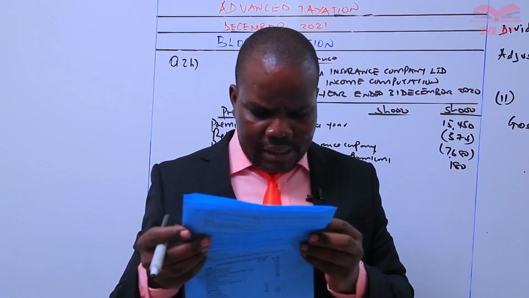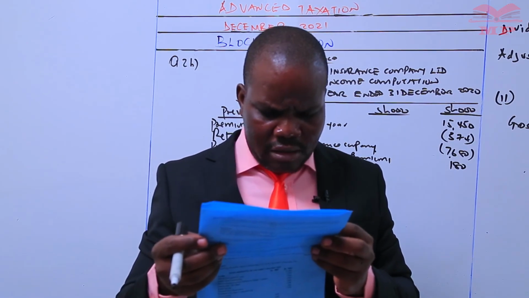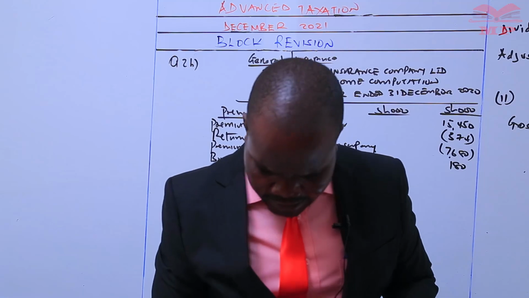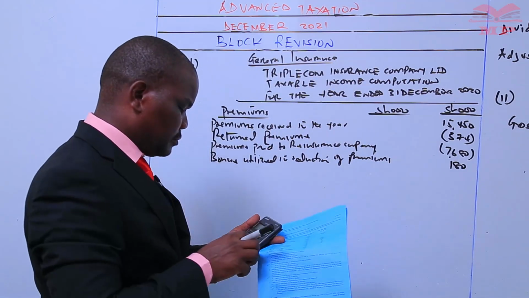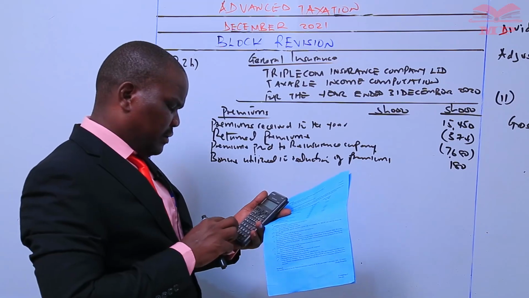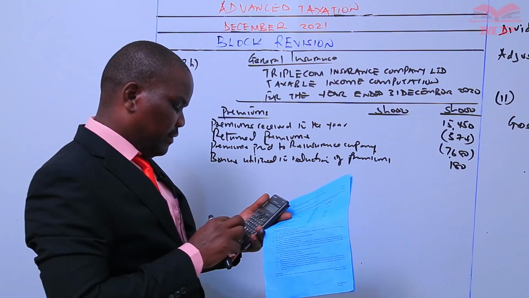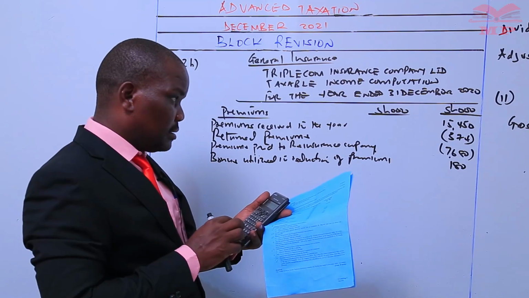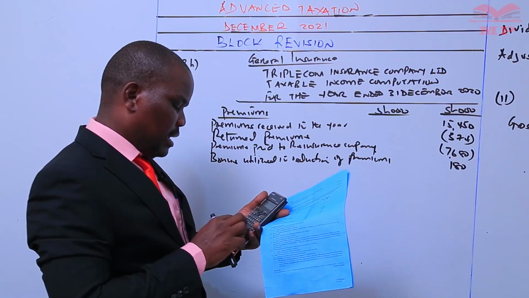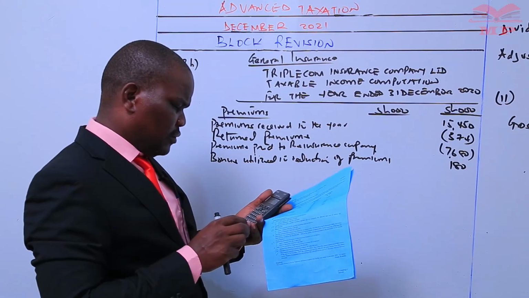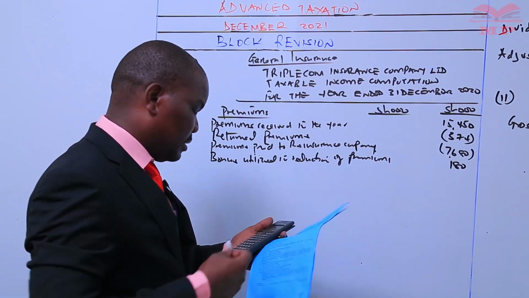I'm looking for any other item affecting premiums. We do not have any. So we get the sum of all this very keenly. We have 15 for 50 less 374 less 76.80. Then we add 180. We have what we call net premiums.